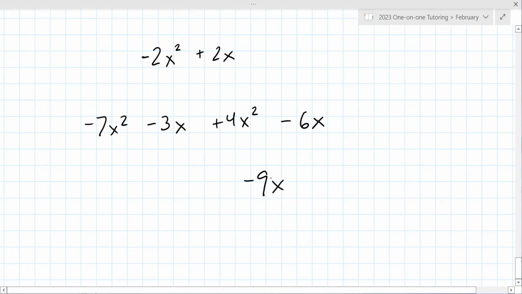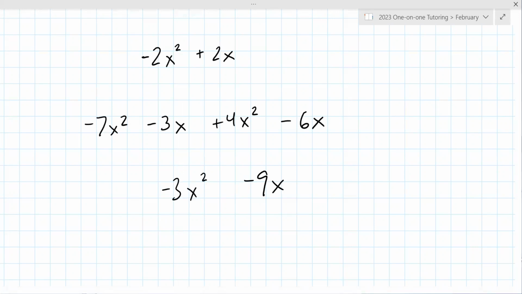What was the first term? I didn't quite catch it. -3x squared. Good. Really good. Okay. Maybe money is the key for you to unlocking your understanding of this.